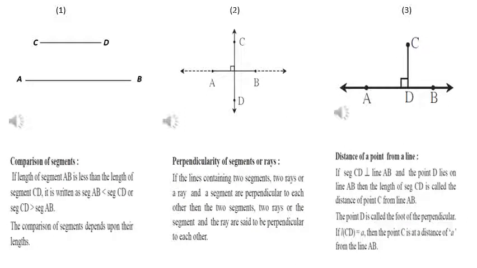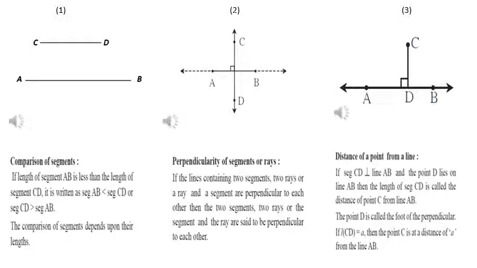Now we have something known as the distance of a point from a line. You can see here in figure 3, we have segment CD which is perpendicular to segment AB. Now here, the distance between point C and point D is nothing but the distance of the point C from the line, that is AB.